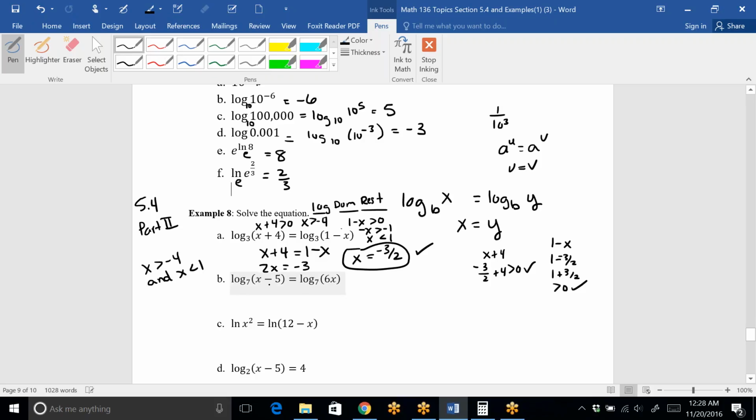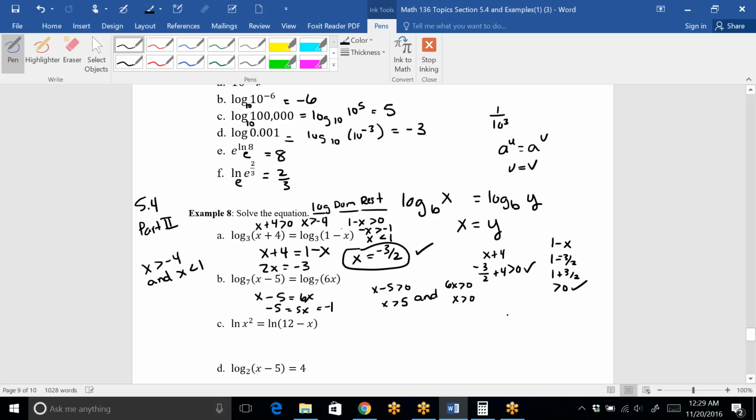So this one, again, 7 and 7 are both the same base, one on each side, so we set them equal. We would subtract over the x, so this equals negative 1. Notice that in this case, x minus 5 being greater than 0 means we have to be greater than 5, and 6x being greater than 0 means that x has to be greater than 0. This negative 1 does not fit the bill.